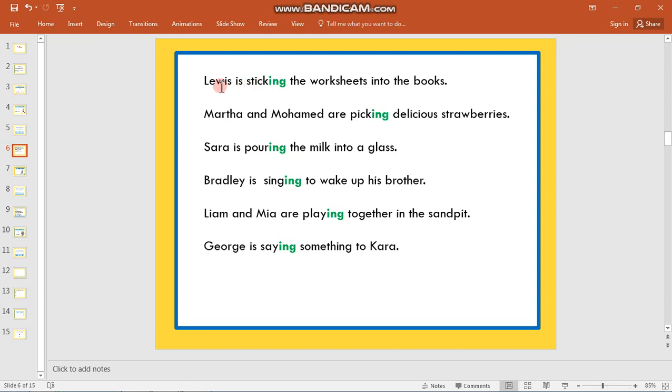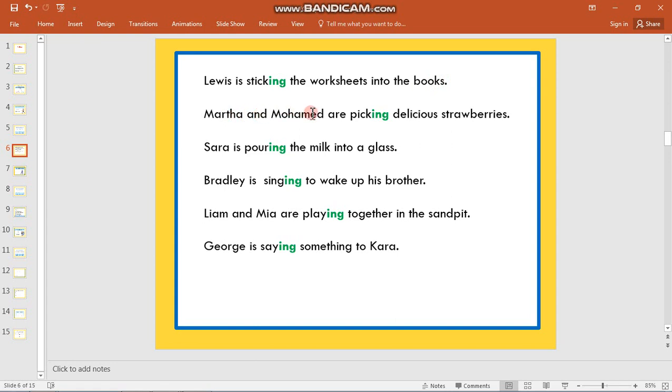These are my examples. As you can see, the suffixes are the letters which are in green, and I have added those to the verb. Lewis is sticking the worksheets into the books.